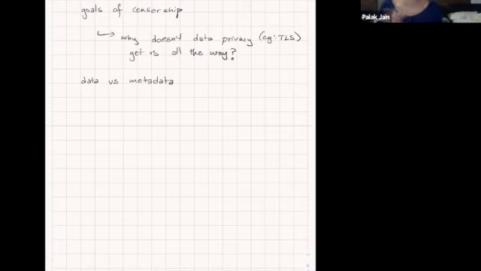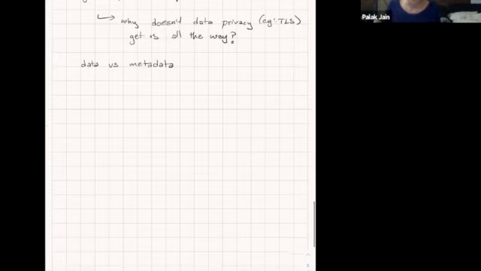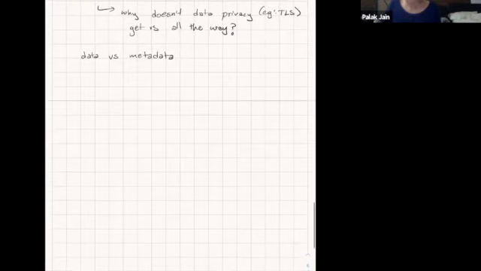The fact that we're all accessing the internet with our metadata completely in the clear. What's different about that compared to if we were going through, say, Tor? So get an idea of that.